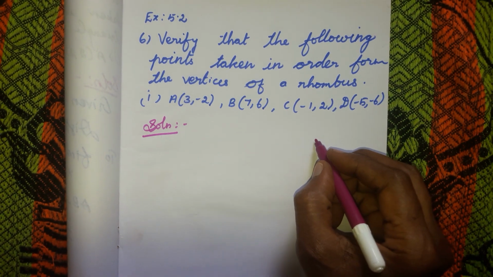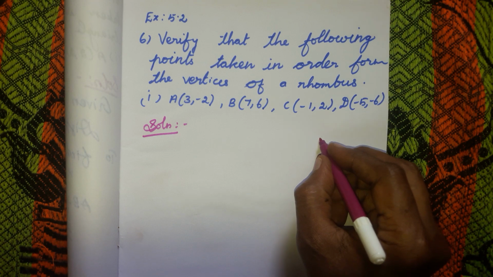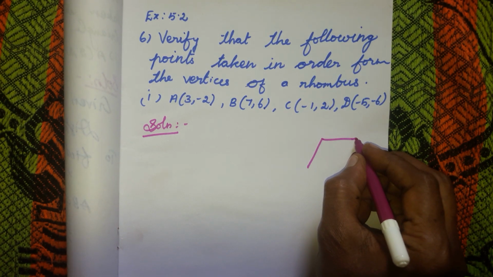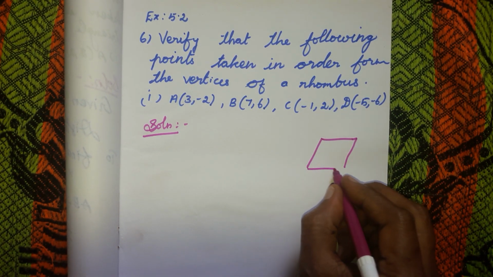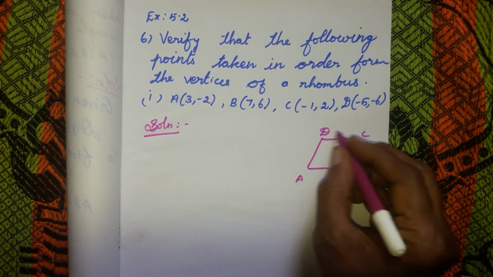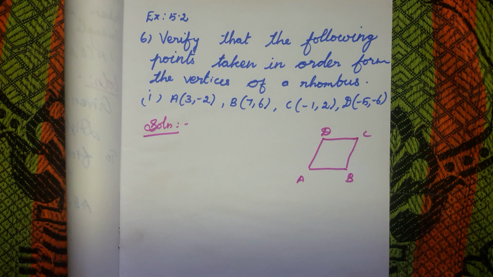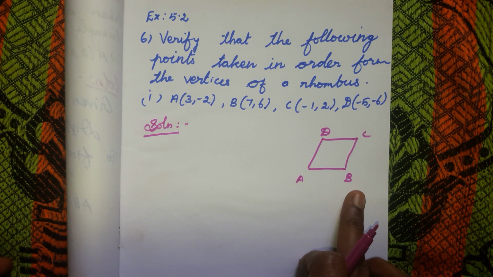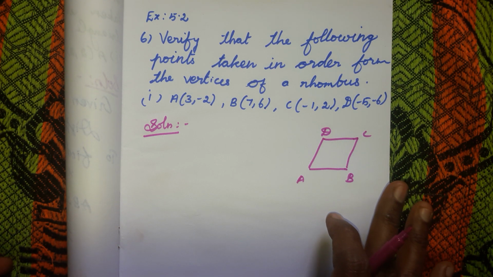Already you know, what is the condition for a rhombus? All the sides are equal. A, B, C, D, four sides are given. We have to prove that all the sides are equal.